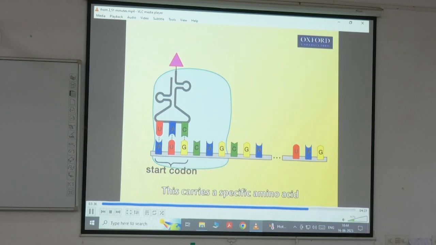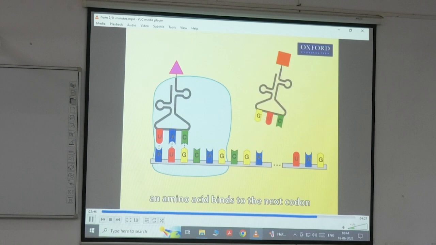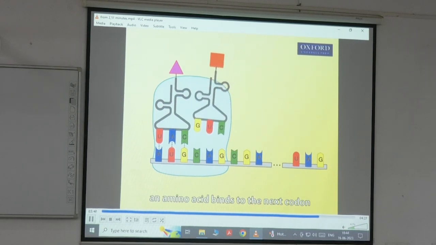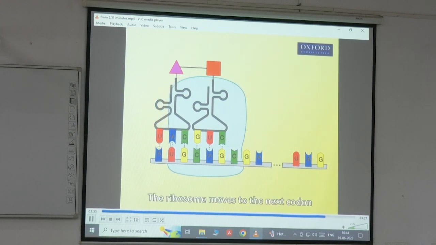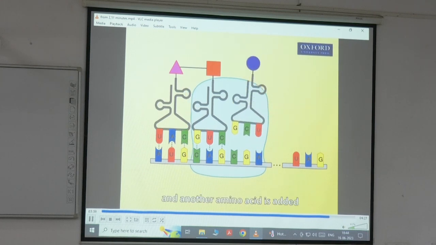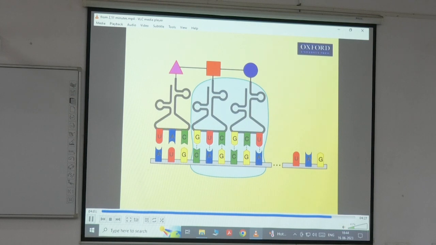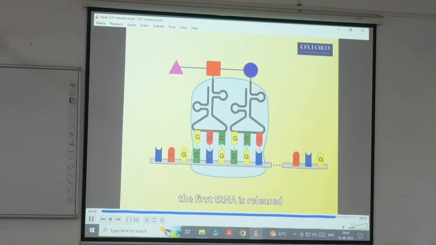This carries a specific amino acid to the ribosome. Another tRNA molecule carrying an amino acid binds to the next codon. The 2 amino acids are then joined by a peptide bond. The ribosome moves to the next codon, and another amino acid is added to the dipeptide. At the same time, the first tRNA is released to pick up another amino acid.